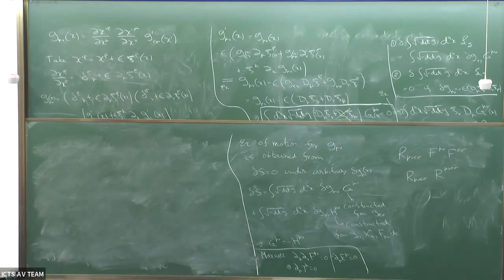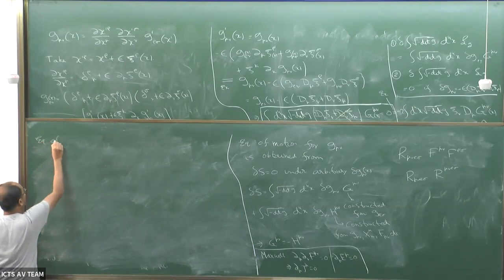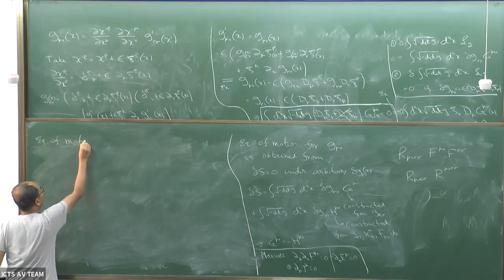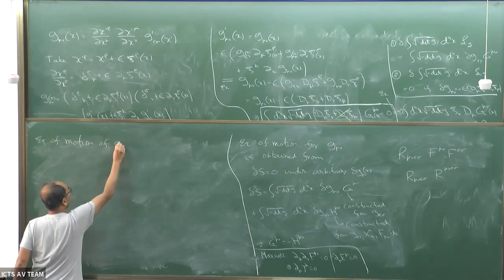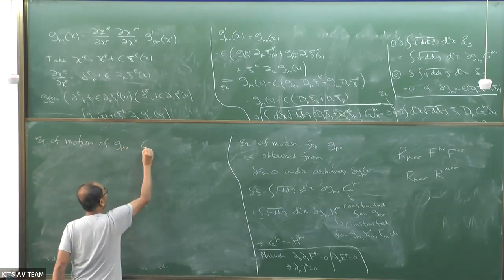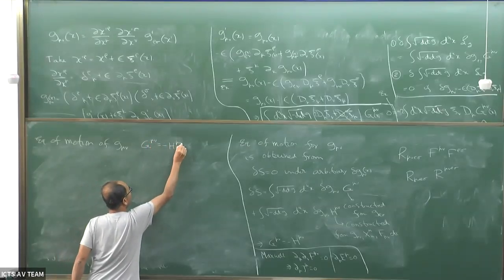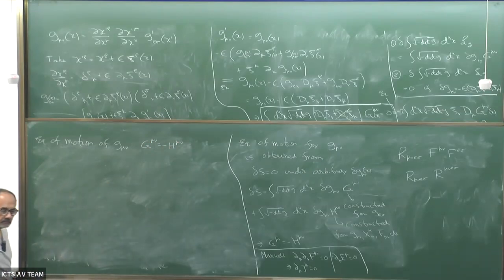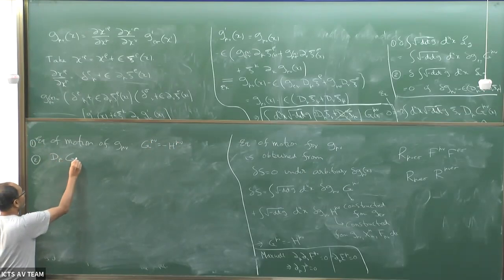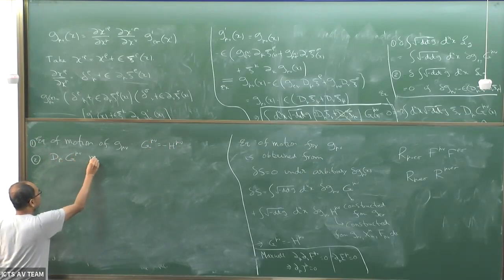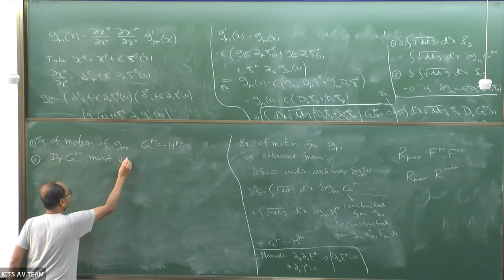So let me summarize what we have gotten. We have gotten that the equation of motion of the metric is of the form g mu nu equal to minus h mu nu. This is the first statement. The second statement is what we just saw, that d mu g mu nu must vanish.